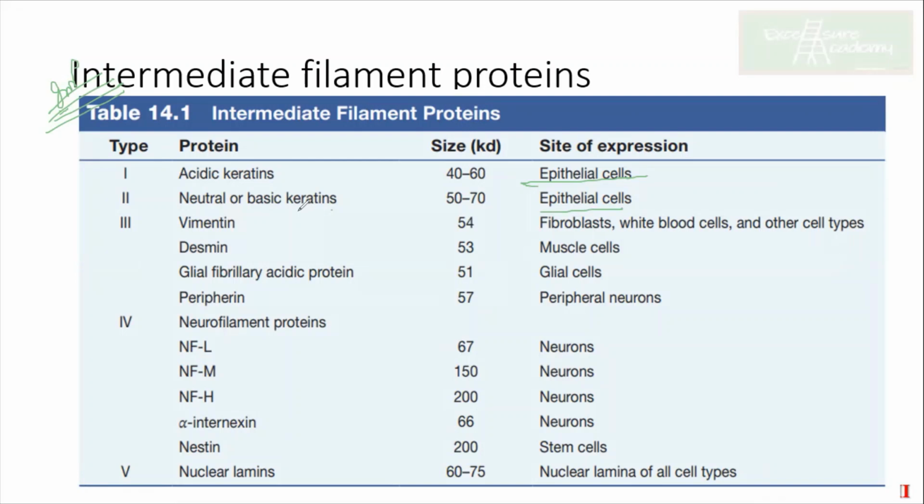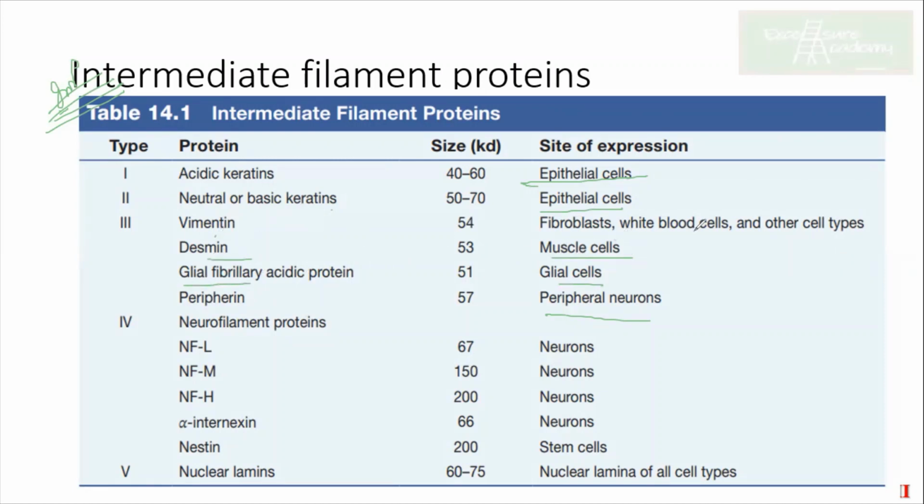Such questions will come. Now coming to the third type: vimentin, desmin, glial fibrillary acidic protein, peripherin. From the names themselves you can first of all remember where these are expressed. For example, peripherin is in the peripheral neurons. Glial means in the glial cells. Desmin, muscle cells.